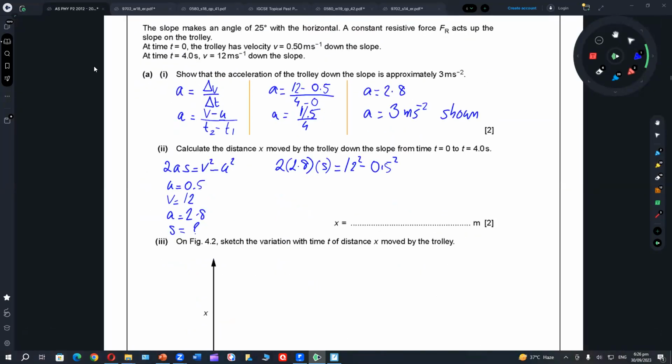So if we simplify it, how much is 144 minus 0.25? 144 minus 0.25, yes, 143.7.